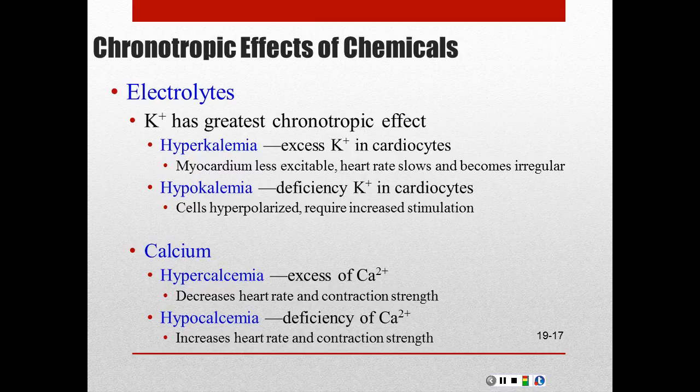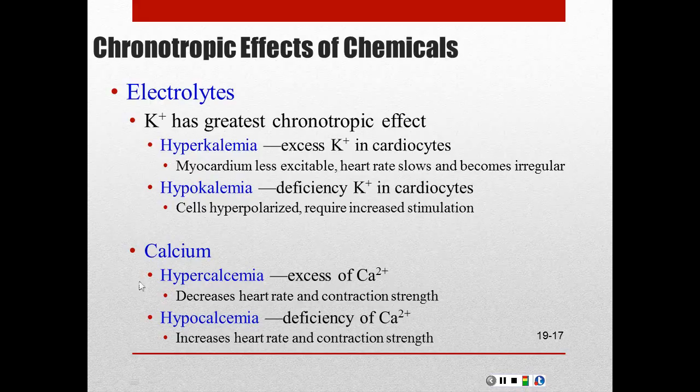The heart rate becomes slow and irregular, and the heart may arrest in diastole. With hypokalemia, which is a deficiency of potassium ions, those ions diffuse out of the cardiocytes, and they become hyperpolarized and harder to stimulate. Potassium imbalances are very dangerous and require immediate medical attention.